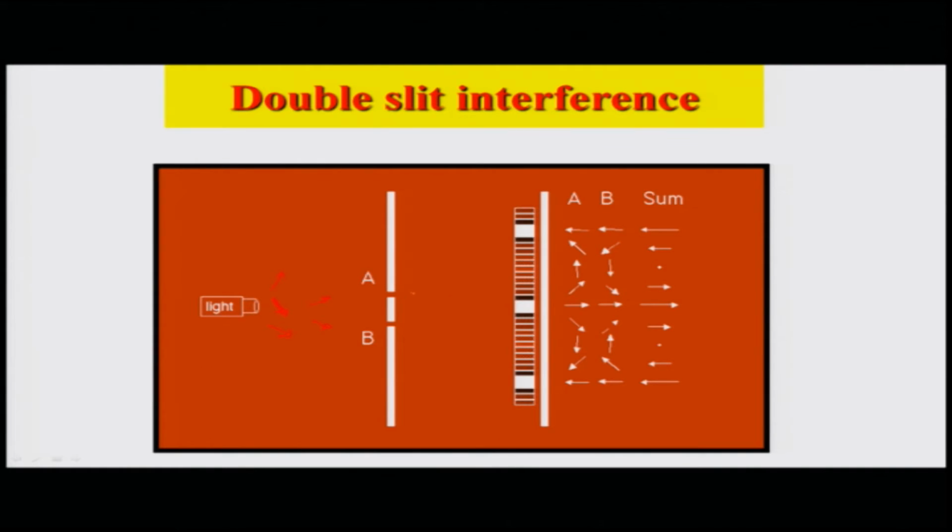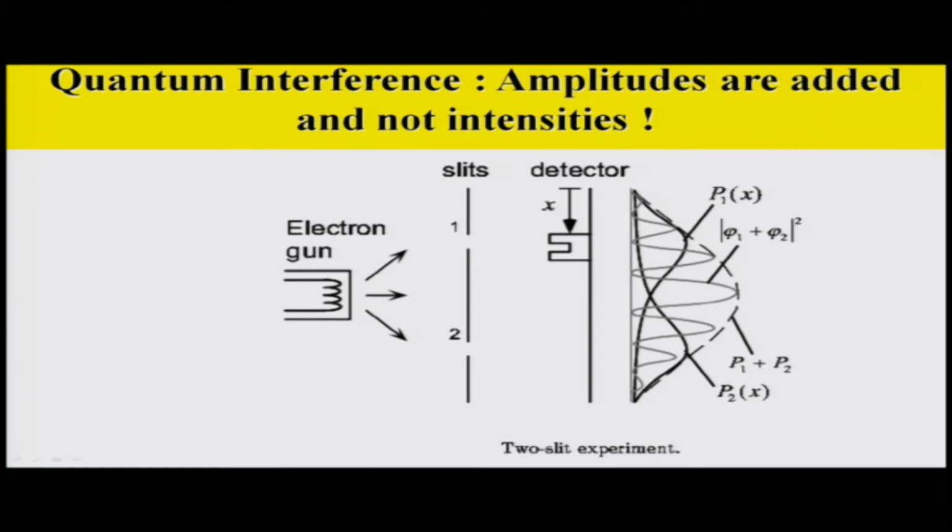They are basically random when they come through one slit. However, when both slits are open, their sum can give us a pattern, which is what we see in the interference pattern as shown here. Quantum interference essentially means that the amplitudes are getting added and not the intensities. That is the key part here.